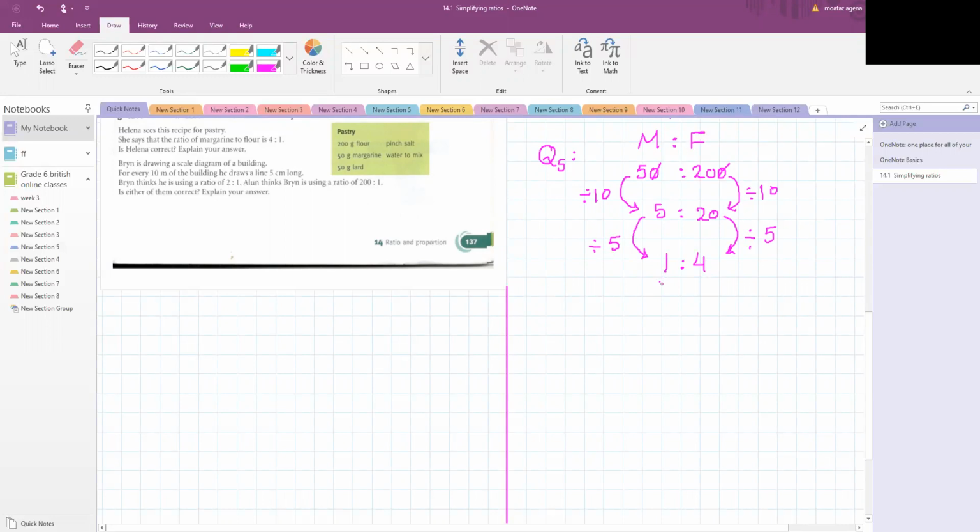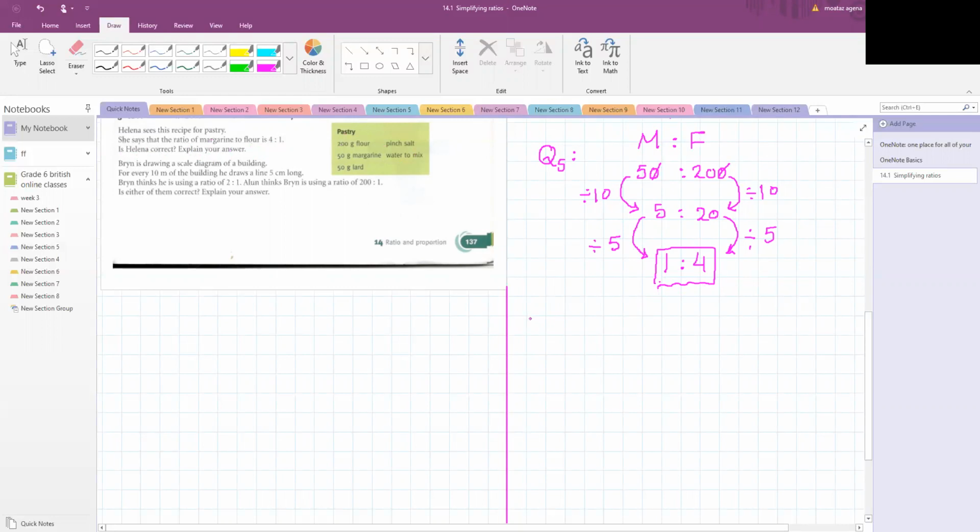No, we cannot. There is no common factor between 1 and 4. So this is the ratio in simplest form. She said the ratio is 4:1. Is Helena correct? No, she is not correct. She's wrong because the ratio is 1:4, not 4:1.